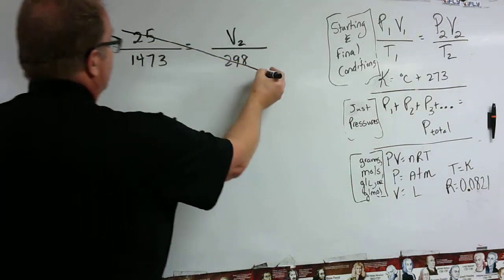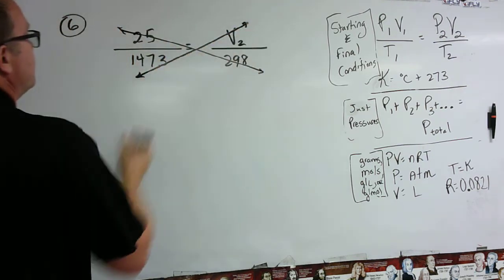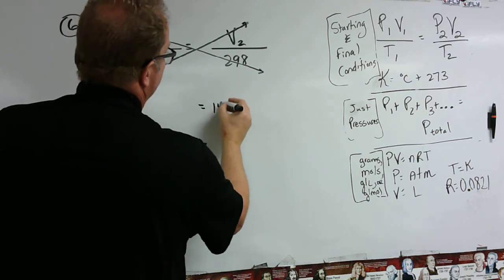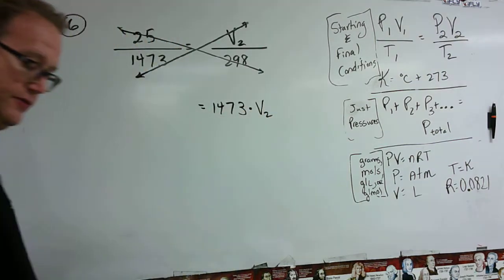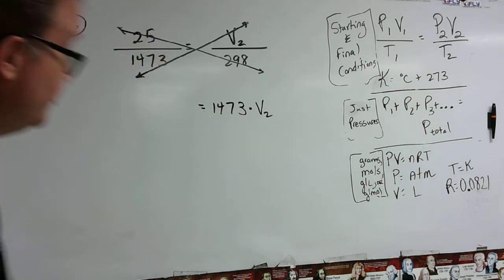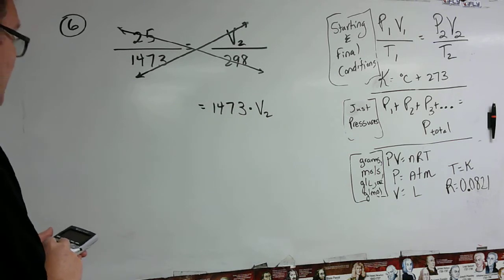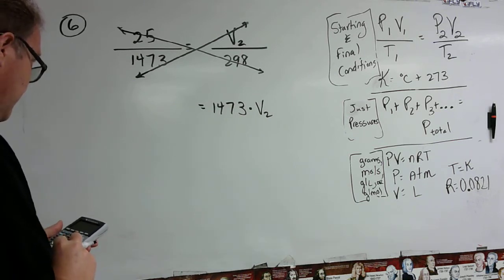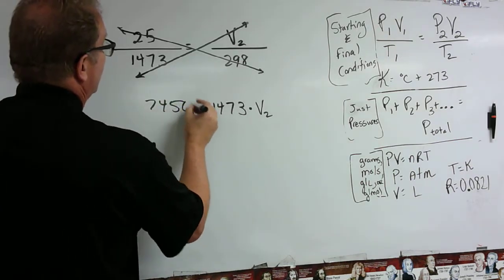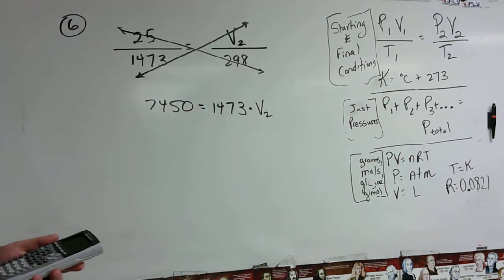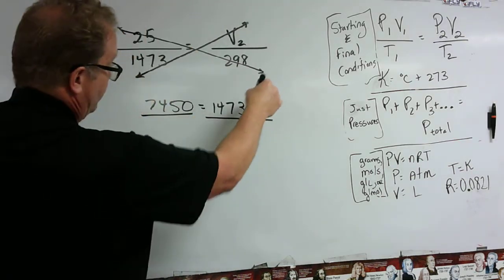Then we do this. Then we do this. Again, I'll set this up. I'll just change it back and forth. Then we're just going to go ahead and divide, getting the V2 by itself.